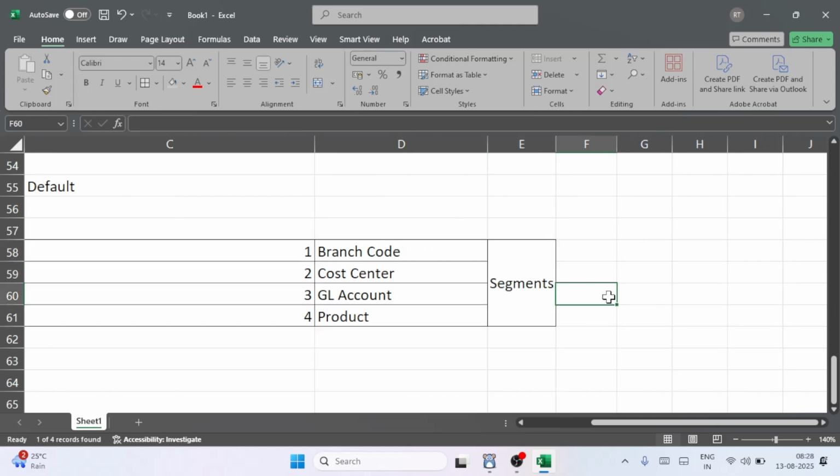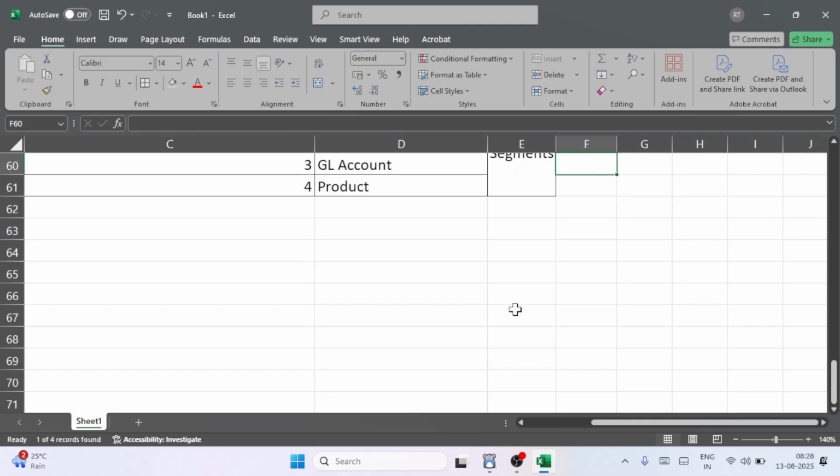Dimensions means I can generate the report at branch level or at cost center level or GL account level. So at any of these dimensions, I can run the report. So this gives the flexibility that chart of account gives us provided you identify all these dimensions when you are designing the chart of accounts.